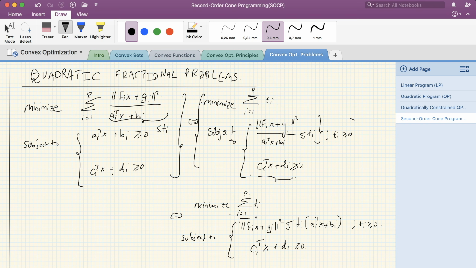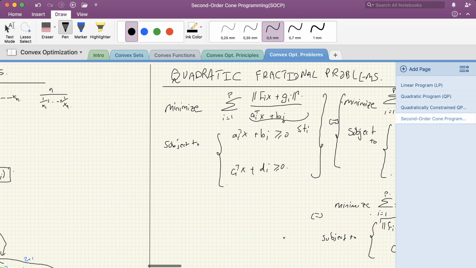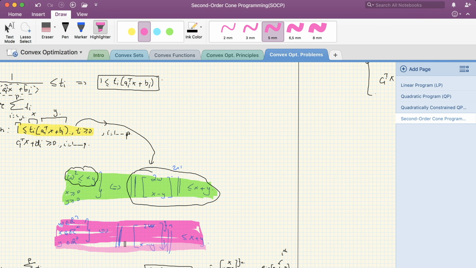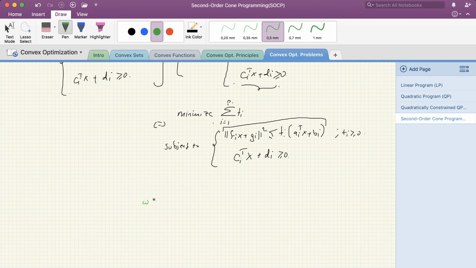Now for this term right here we could also use the second inequality. So this one, that was a dark color, I'm going to copy it on this corresponding column anyway. So for w in R^n and x positive, so is y.